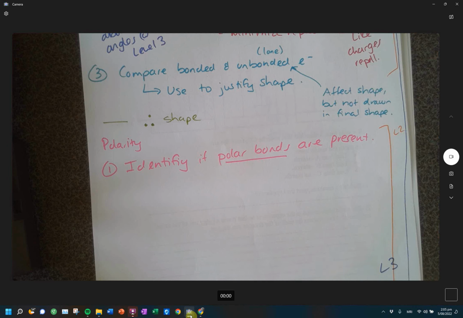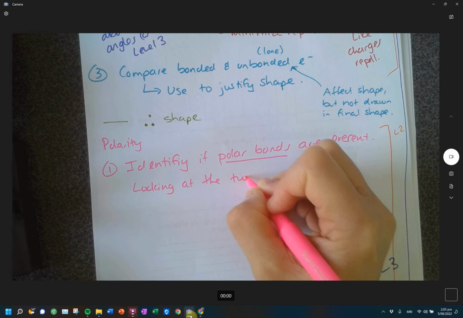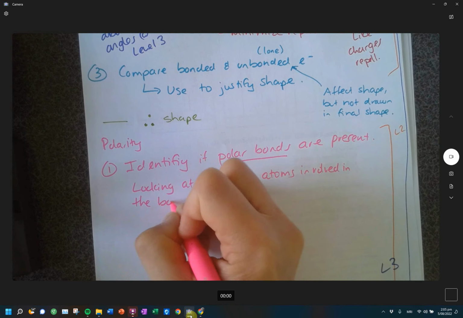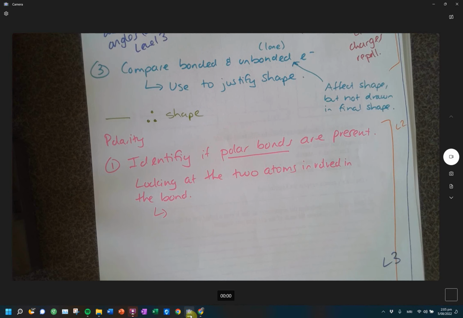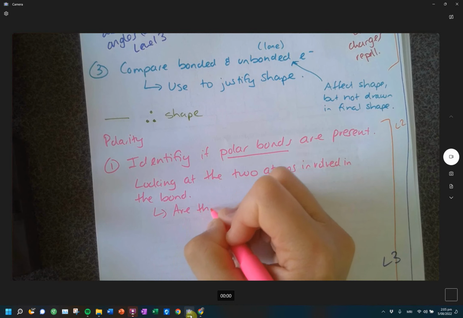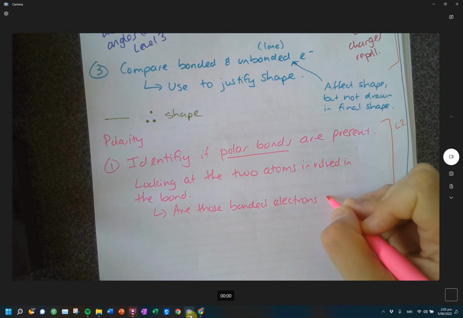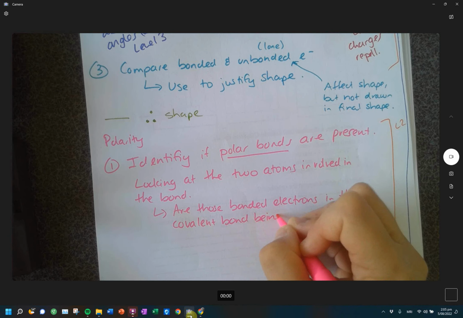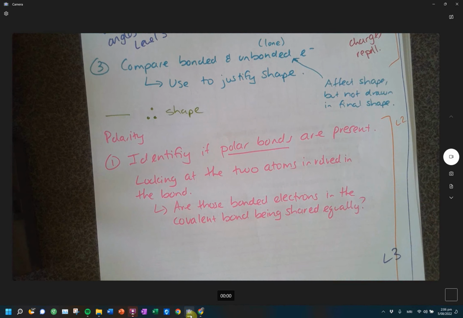When we're looking at polar bonds, what you're specifically looking at is the 2 atoms involved in the bond, and you're asking the question: are those shared electrons being shared equally? That is determined based on electronegativity.